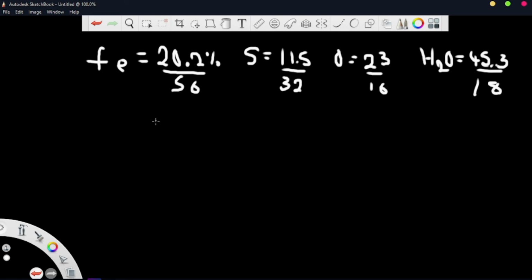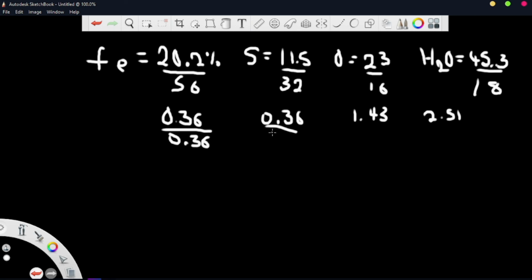When we divide, we get 0.36 for iron, 0.36 again for sulfur, 1.43 for oxygen, and 2.51 for water. Now we're going to divide by our smallest value, which is obviously 0.36.